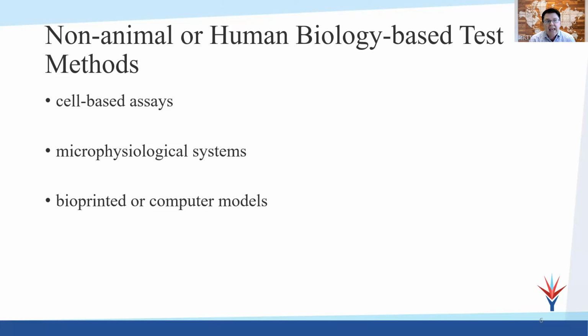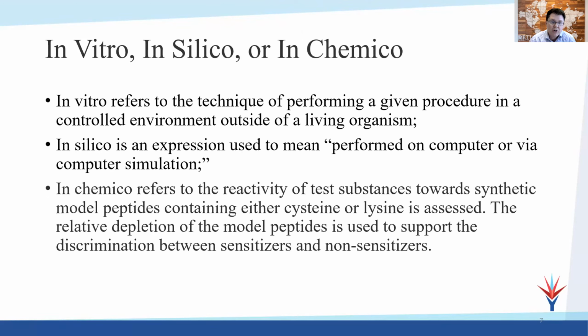So what is a non-animal or human biology-based test method? Well, it could be a cell-based assay. We see those frequently in R&D labs. It could be a microphysiological system, or it could be a bioprinted or computer model. So let's go on into in vitro, in silico, or in chemico.